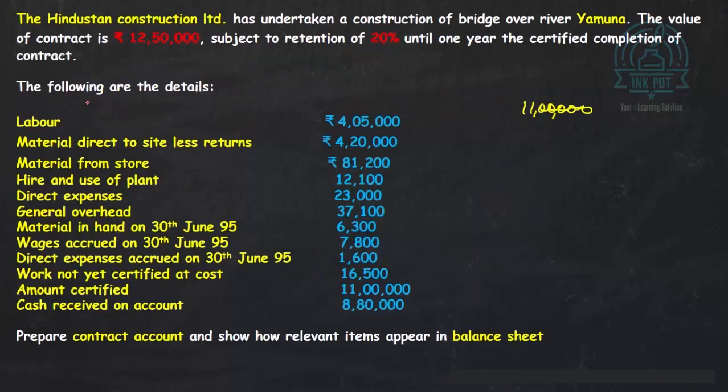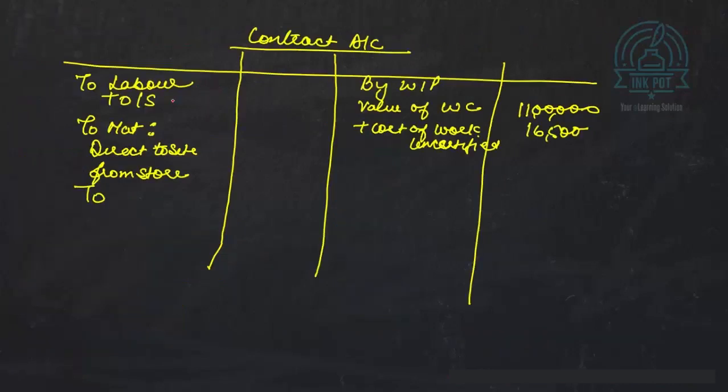The value of labor is 4,05,000 and outstanding wages are 7,800. So 4,05,000 plus 7,800 is equal to 4,12,800. Material is 4,20,000 plus from store it was 81,200.